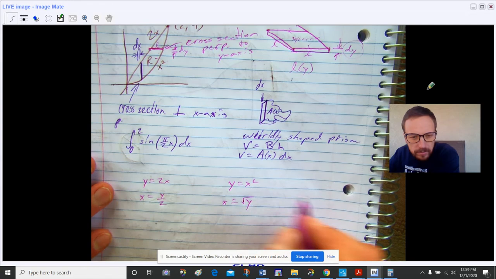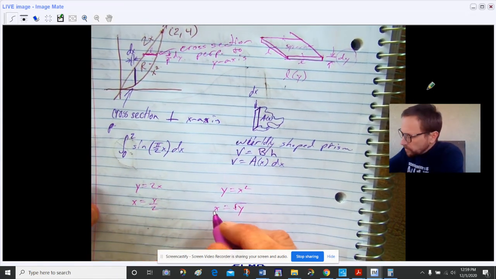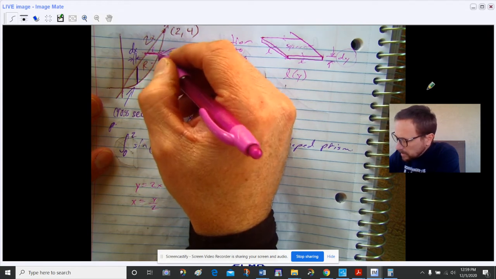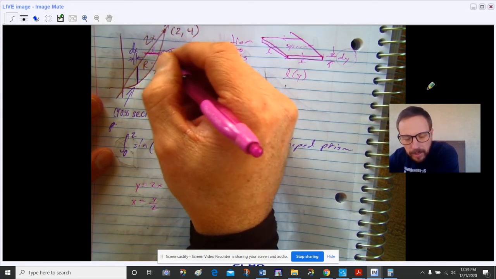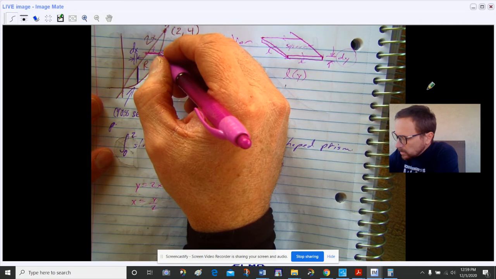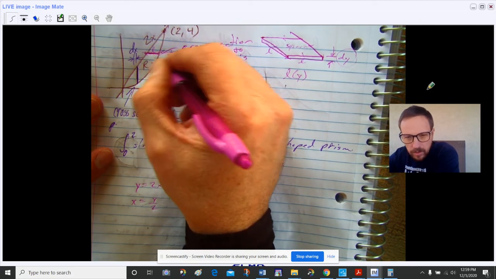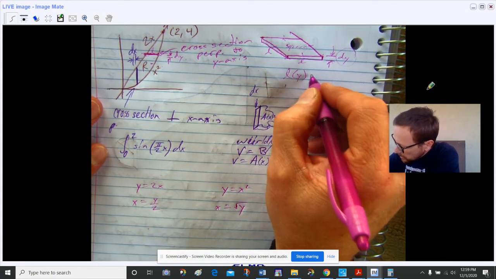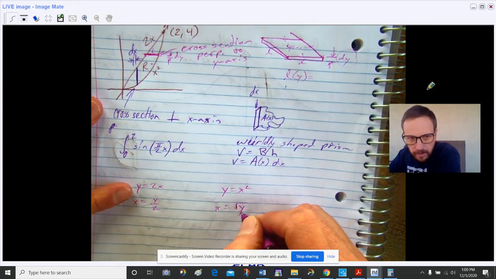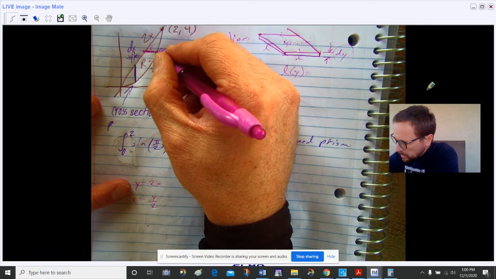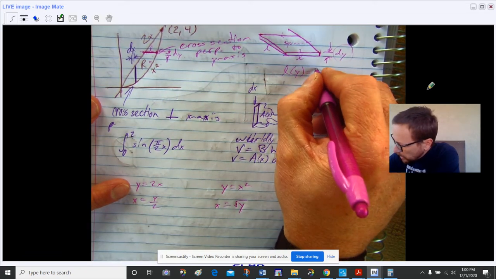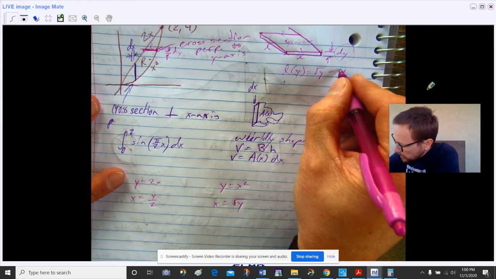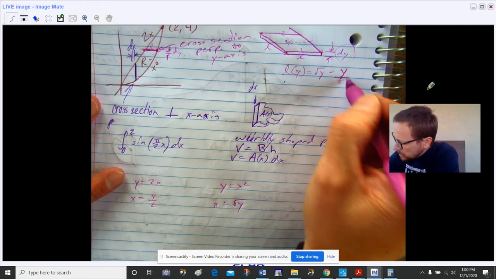All right, cool. And so the length between 2 points, if this were at 3 and this were at 1, we do 3 minus 1, we get 2. If this were at 2.5 and this were at 1.5, we do 2.5 minus 1.5, we get 1. We do the bigger minus the smaller. And so it's going to be L of y, the outside one, because this is the bigger value. It's going to be radical y minus y over 2. There we go.